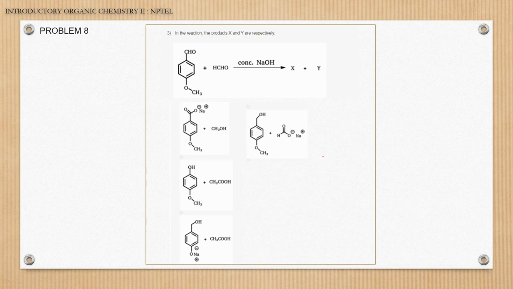In problem number 8, they are asking, in the reaction, the products X and Y are respectively what. So basically, you have to find these X and Y. They have treated this paramethoxybenzaldehyde and formaldehyde with concentrated sodium hydroxide. So what will happen? Can anyone tell me what will happen? What is this reaction?